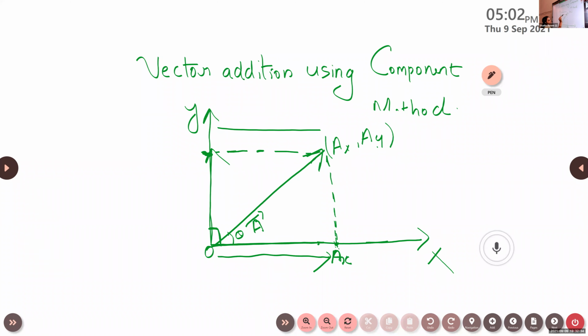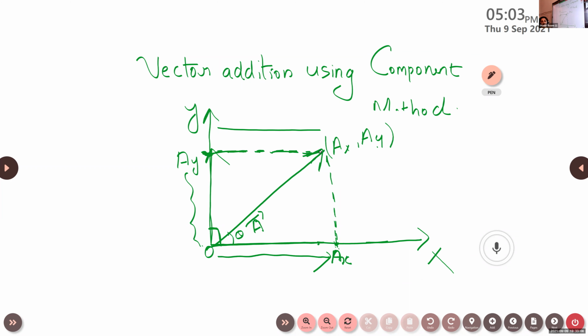Likewise, this point represents AY, the distance from the origin along the y direction. Along the x direction, its magnitude is given by AX. So this length is AX and here it is AY.